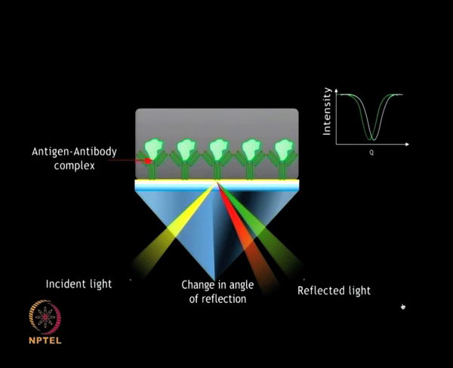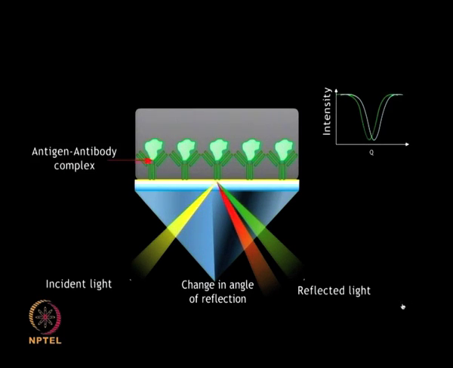These changes can be continuously monitored to characterize biomolecular interactions in real time. The SPR angle, or the angle at which minimum intensity of reflected light is obtained, is indicative of the amount of biomolecule binding to the surface.